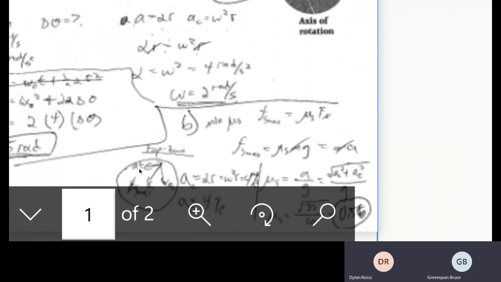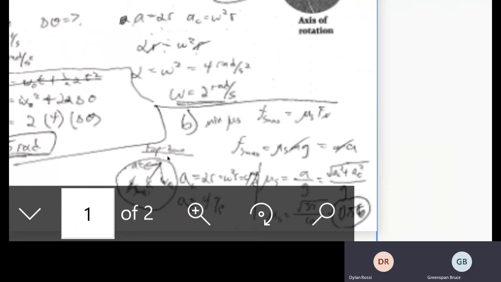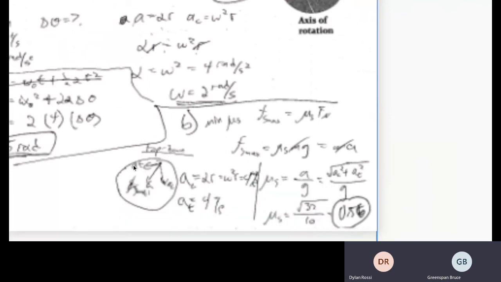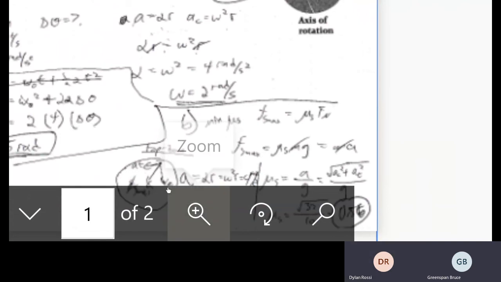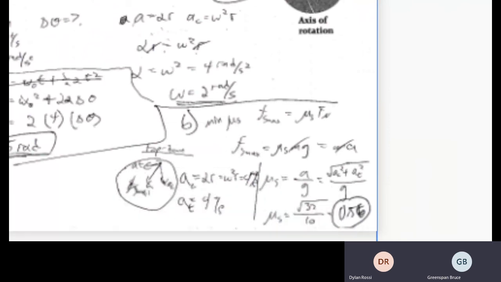So the tangential acceleration, this arrow here, can you see what I'm looking at? The vector diagram. The tangential acceleration is changing the speed. The centripetal acceleration is changing the direction. You have a total acceleration that's diagonal. So you have both. So for that acceleration, you have to take into account both components.